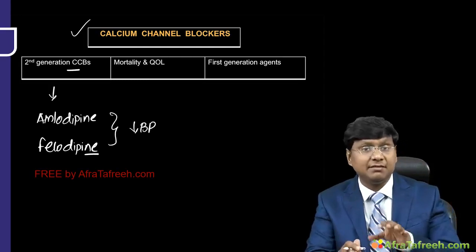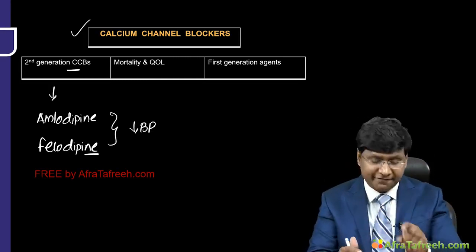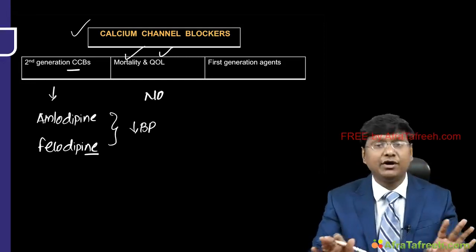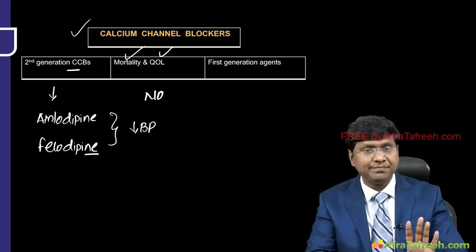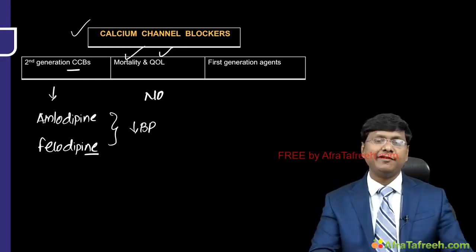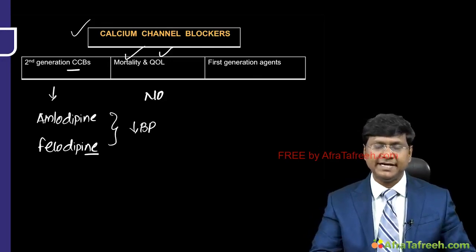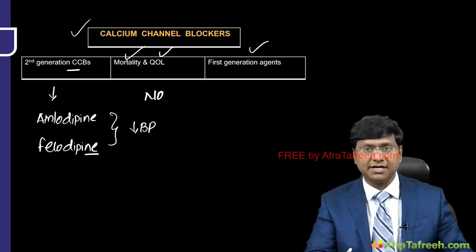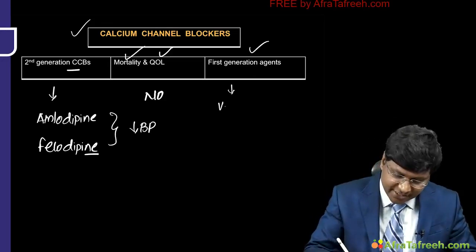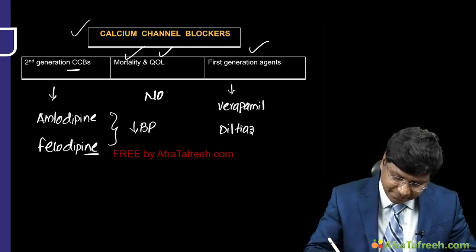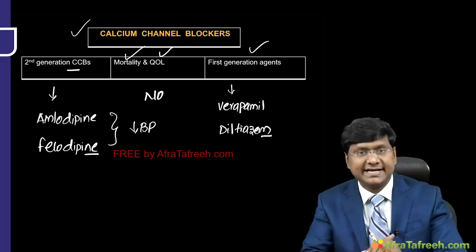And these calcium channel blockers do not affect the mortality, and they do not affect the quality of life of the individual. So amlodipine and felodipine have no effect in heart failure with reduced ejection fraction. They don't improve the mortality. Whereas the first generation calcium channel blockers are verapamil and the other drug, diltiazem.